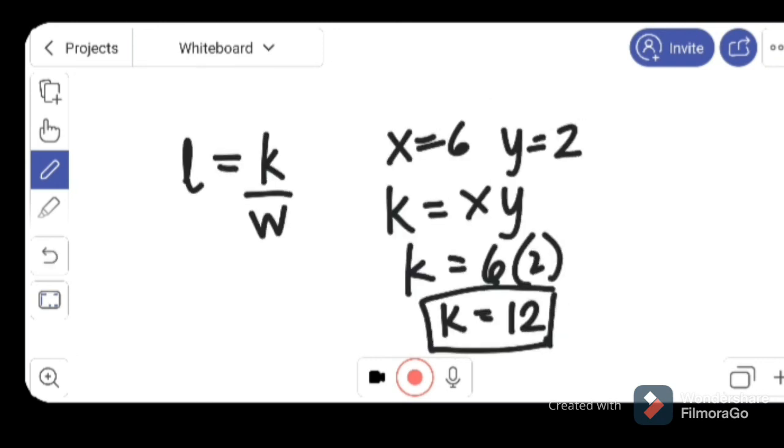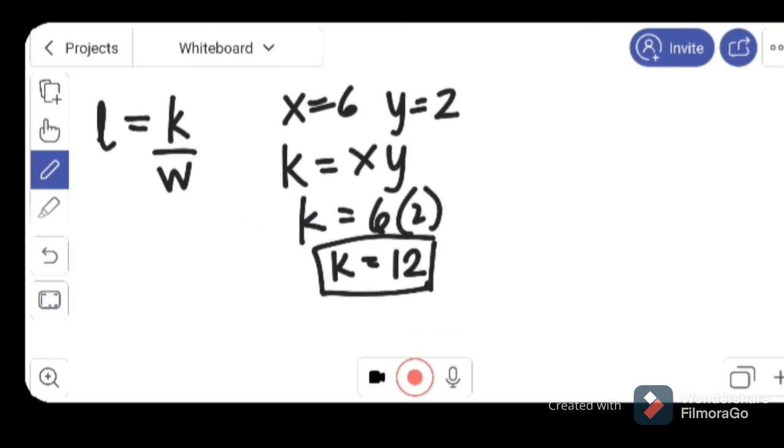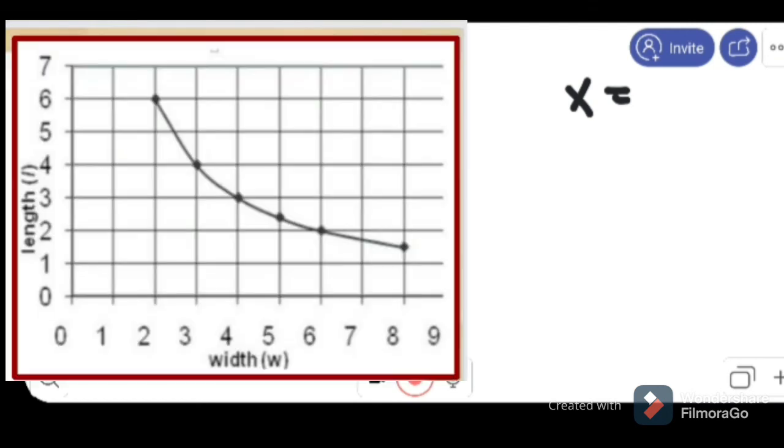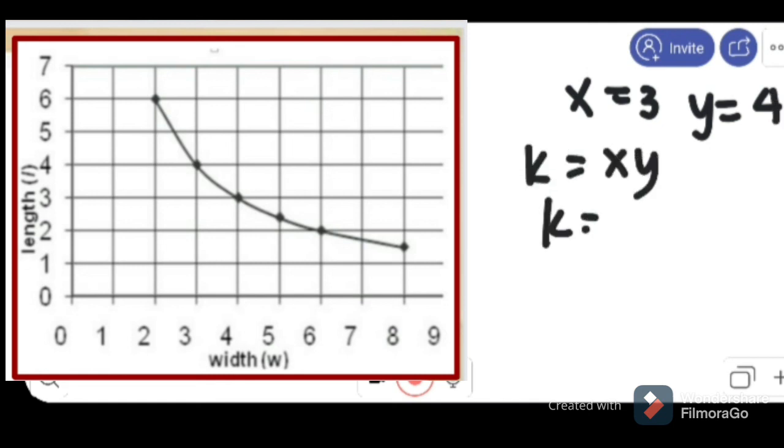Let's take one more to make sure. Let's take x is 3. If x is 3, our y is 4. k is equal to xy. Then k is equal to 3 times 4.